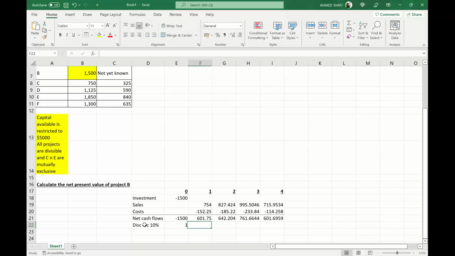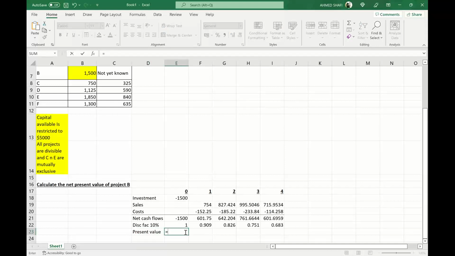Year 0 factor is 1. Year 1 factor from the table is 0.909. Then 0.826 for year 2, then 0.751 and 0.683. Net cash flows, when multiplied by the discount factor, give you present value.